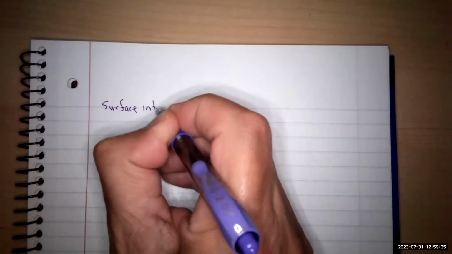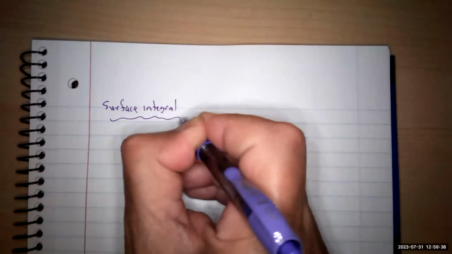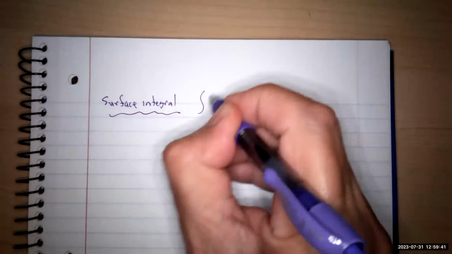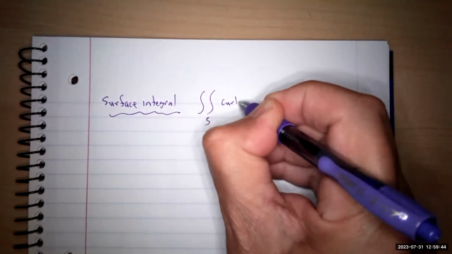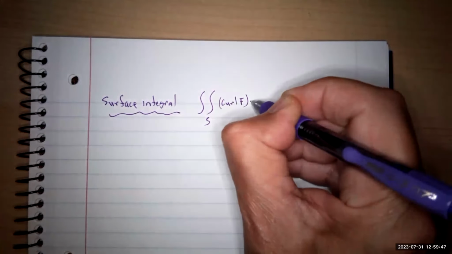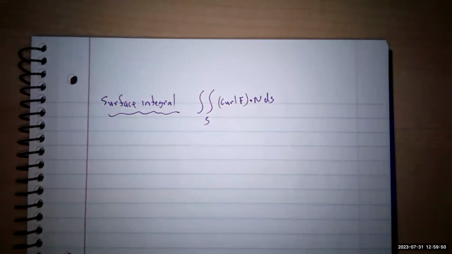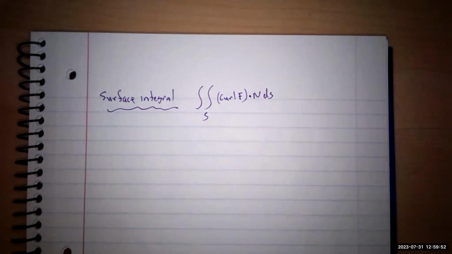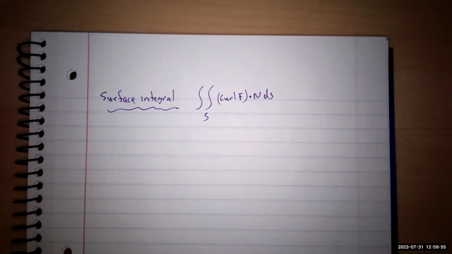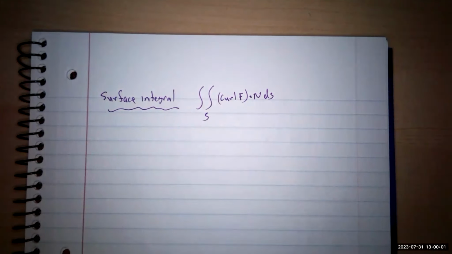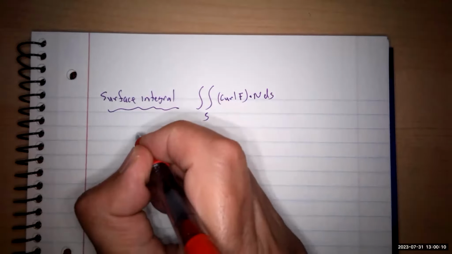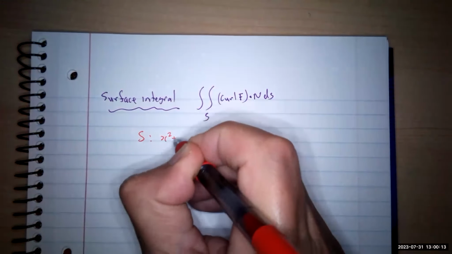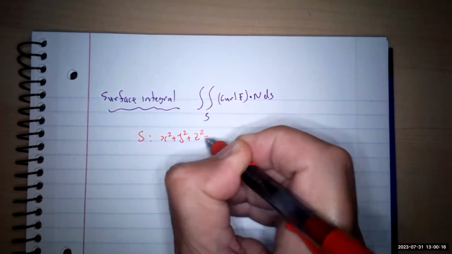Okay, surface integral. So for the surface integral, you have to find the double integral over the surface of the curl of F dot n dS. This is what you have to do. You have to have the parametric equation of the surface. It's of course a sphere. So remember, S is just x squared plus y squared plus z squared equal to 1.